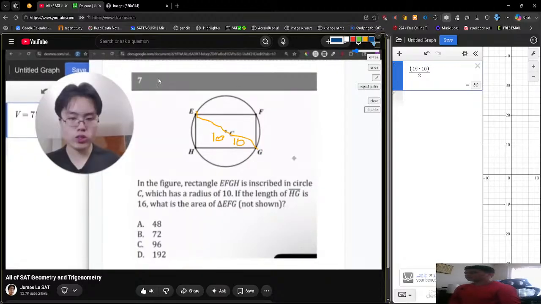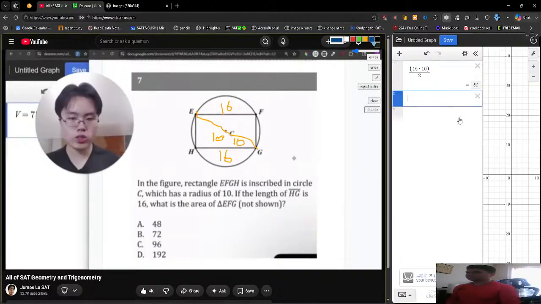So because it's half of a square, we know that 16 is HG, meaning the top part is also 16 because it's a red triangle. We don't know what this part is. Oh yeah, we don't know what this part is.